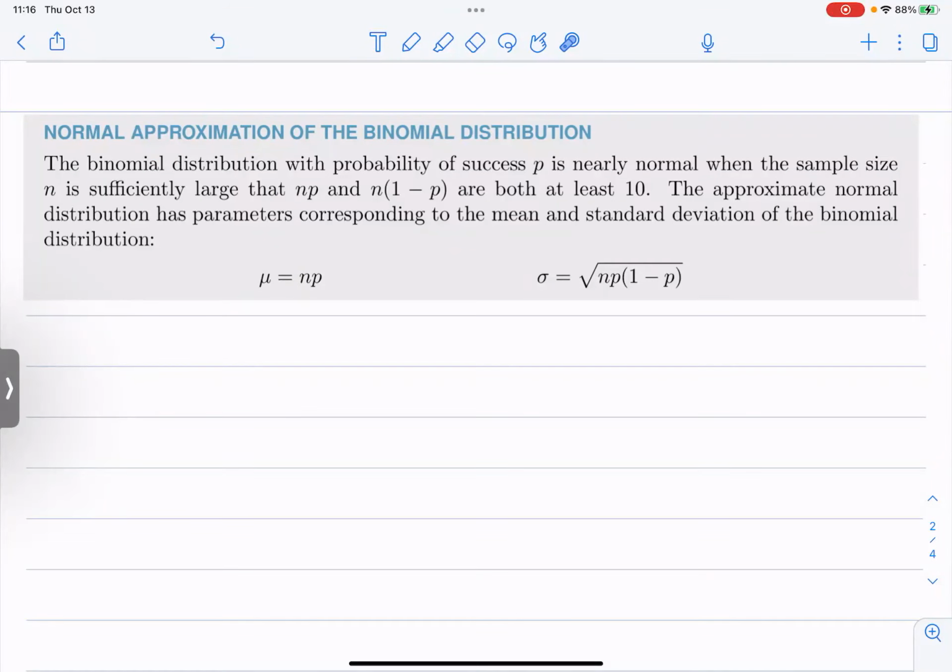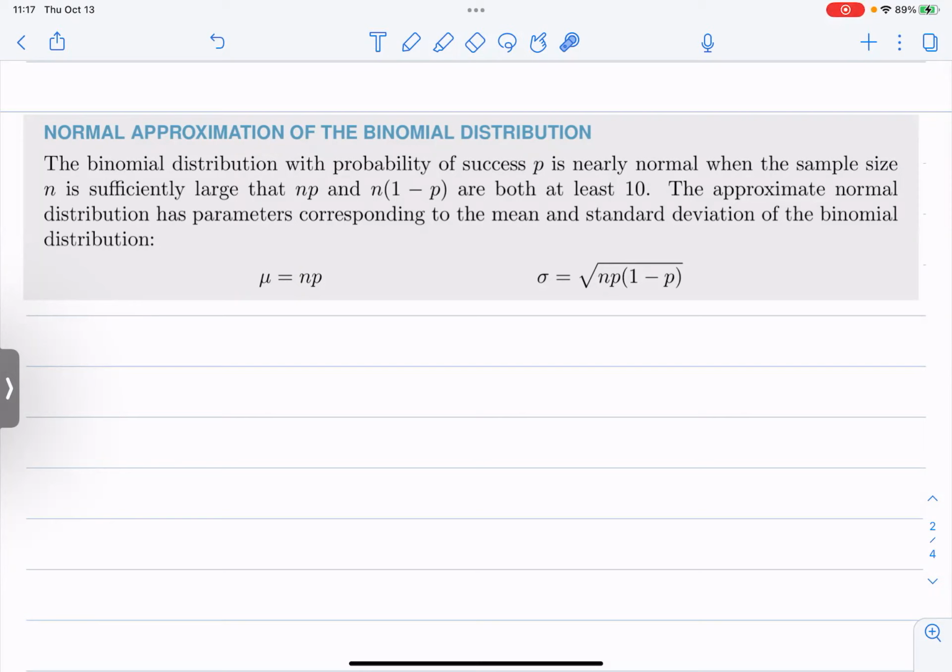Okay? So then all we need is the mean and the standard deviation, right? To me, that's kind of crazy. I can take this success failure outcome and model it with a normal distribution. I know, it's wild, right?